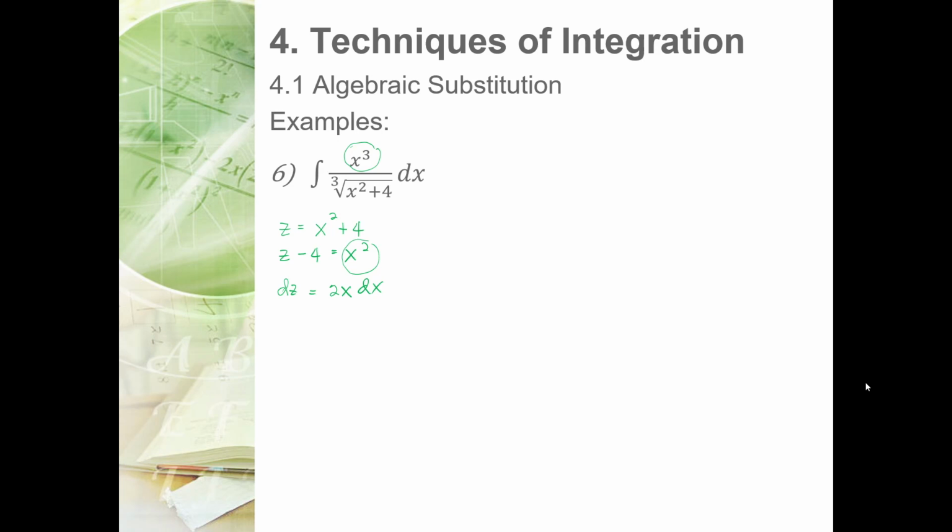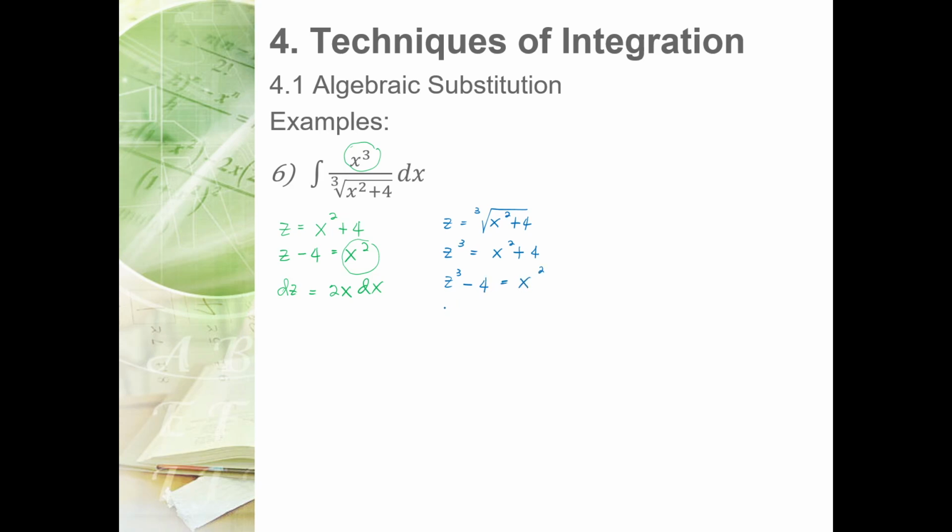Let's put them side by side to see. If z is equal to the cube root of x squared plus 4, by cubing, z cubed is equal to x squared plus 4. Before getting the derivative, let's isolate the x: z cubed minus 4 is x squared.